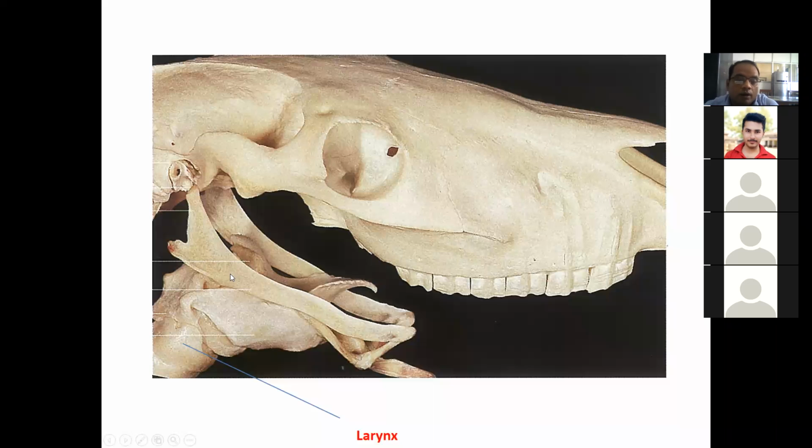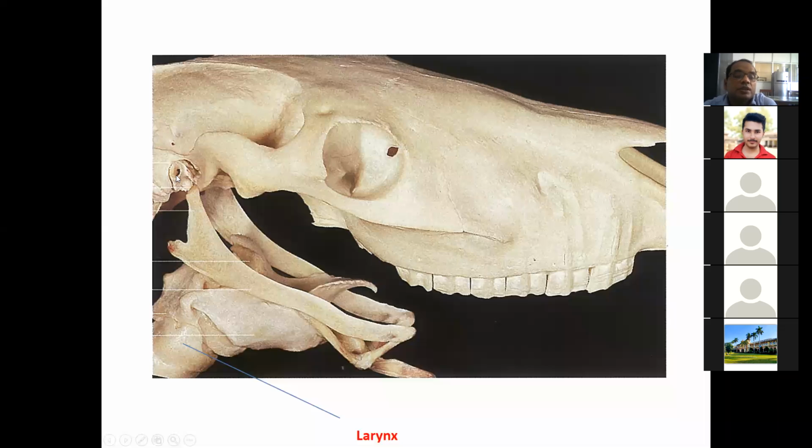So this larynx is situated in between the mandibular space and the front part or anterior part of this larynx. You see this is situated in between the stylohyoid, and this stylohyoid also articulates with the thyroid cartilage.